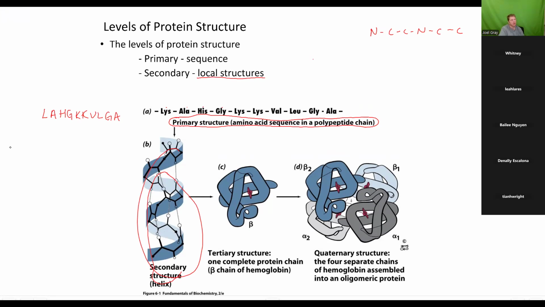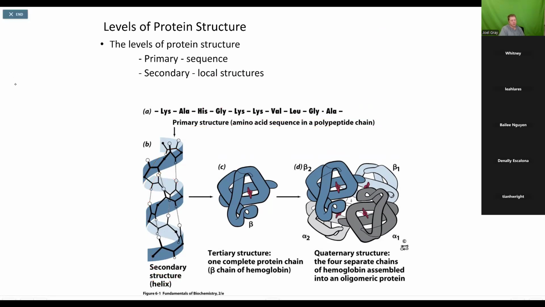Keep in mind, you might have a protein that's 700 amino acids, or one that's 1500 amino acids, and your secondary structure is going to comprise, let's say, 35 to 45 of them. So that range of amino acids might be involved in forming a local structure. We're going to dig into those individual local structures after a little while.